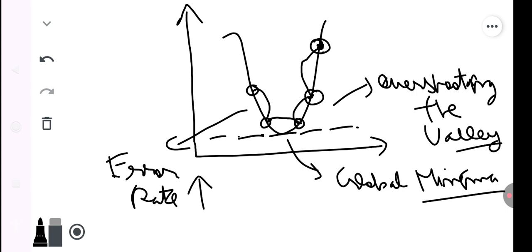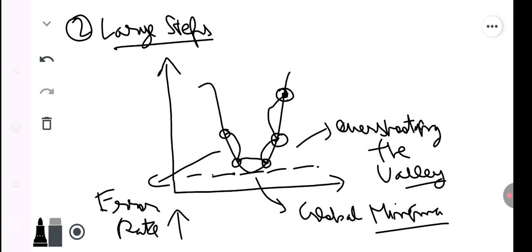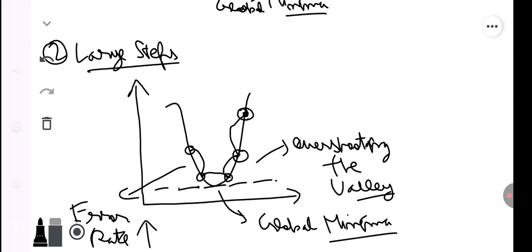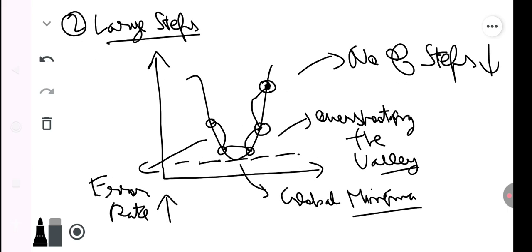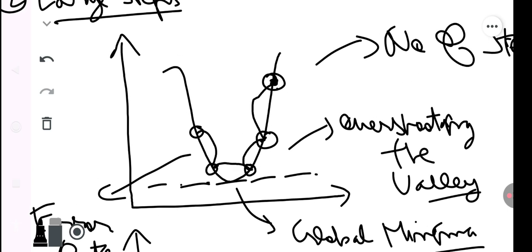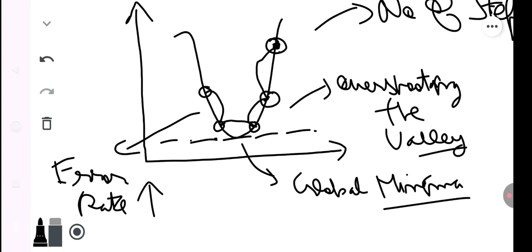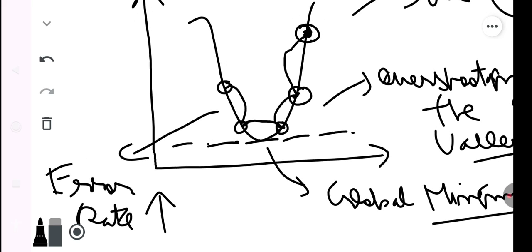If we take very large steps, our number of steps may be reduced, but we are missing that minima point, that optimal point, and we are going up the valley.